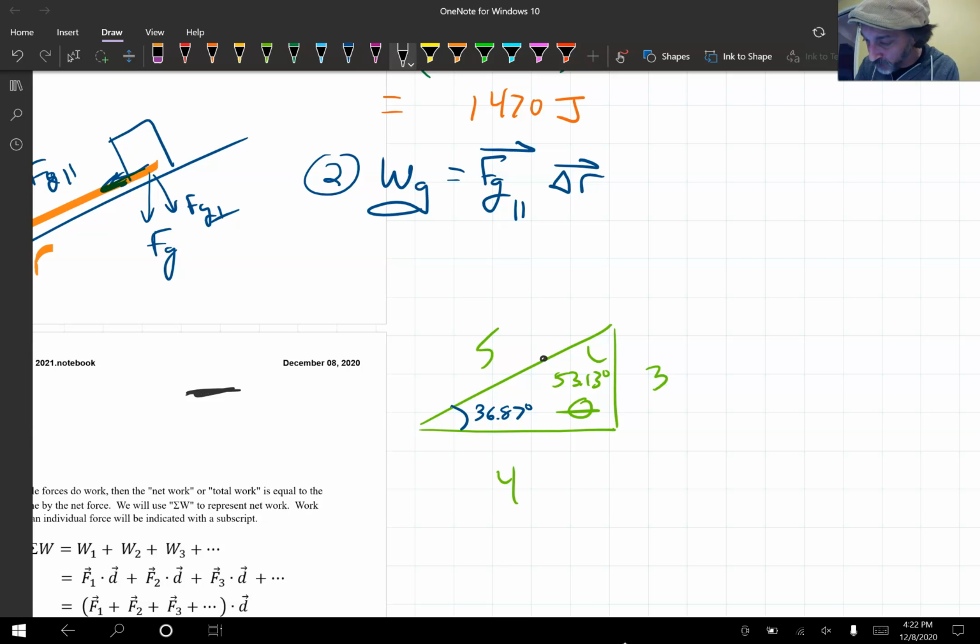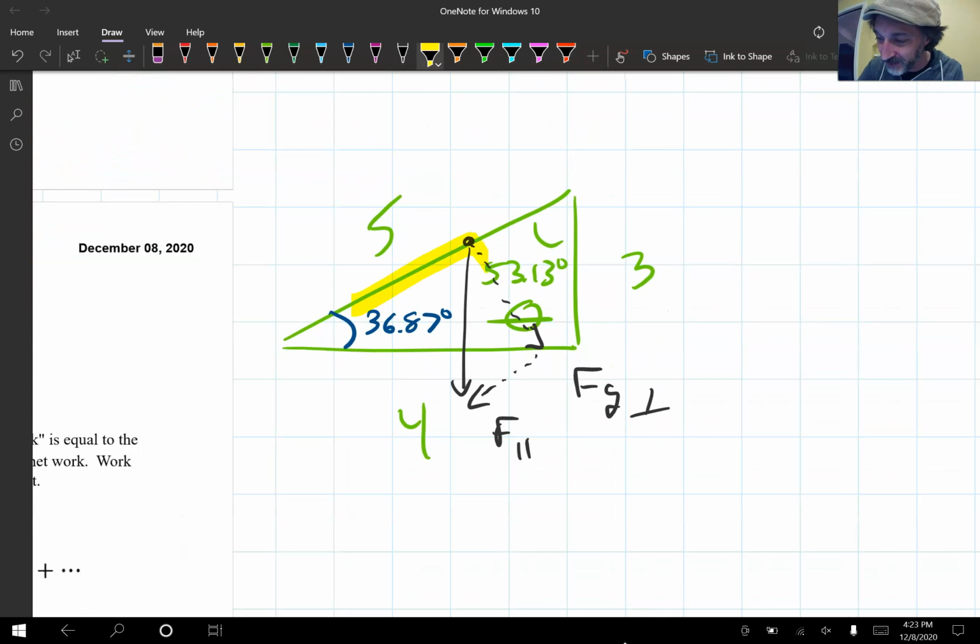Okay. So then, here's our object with our force of gravity, which has two components. There is a FG perpendicular and a FG parallel. What's the easiest way to see this? Let's see, this angle, I'm going to zoom in a little bit.